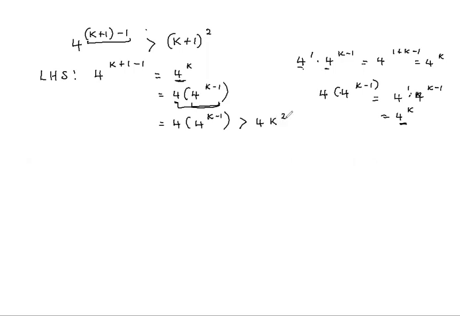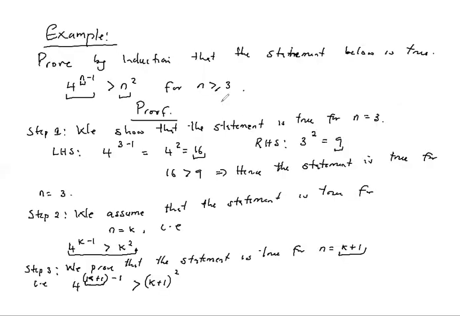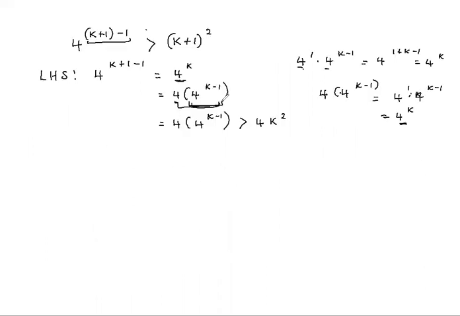Okay, why? Because we are sure that this is greater than k squared. By step 2, 4 to the power k minus 1 is greater than k squared. And we have 4 to the power k minus 1. So this whole statement is greater than 4k squared.